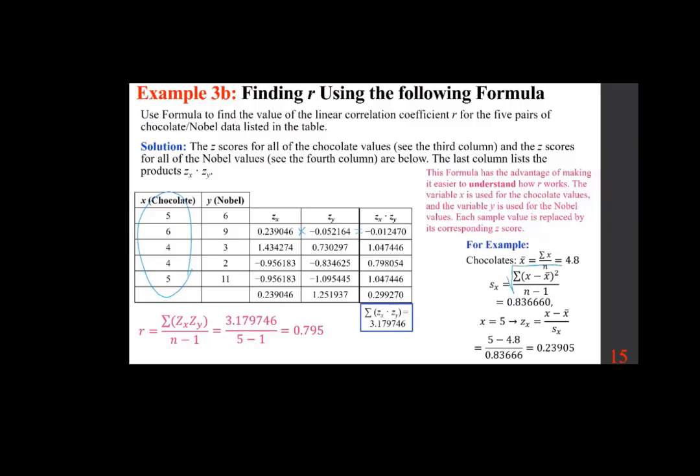Okay. So everybody remembers how we calculate the z-score. The z is what? X minus mu over sigma, or x minus x bar over s. So that's how you calculate it.